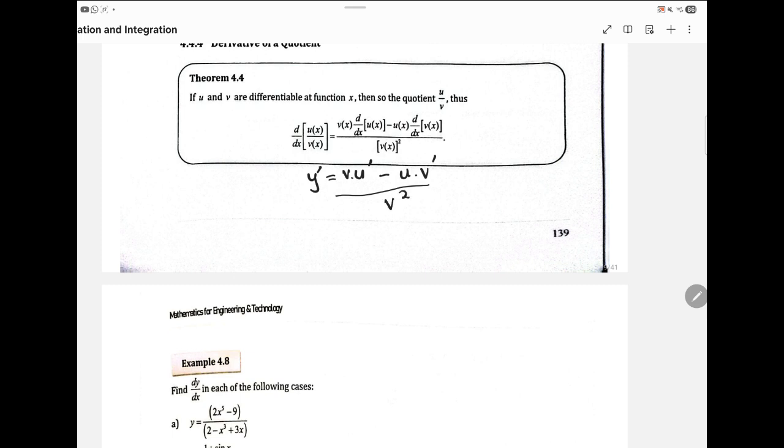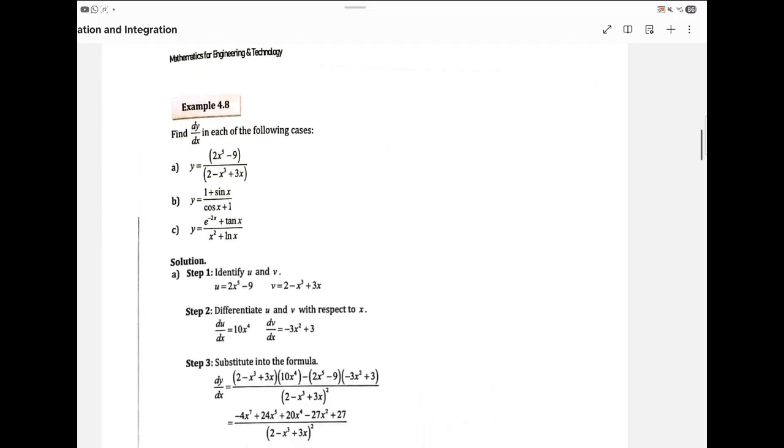So again, you are playing with u and v, and you differentiate u and v. You just need to sort it out in this formula. So let's write it out.